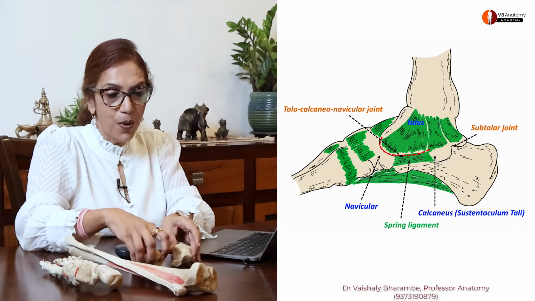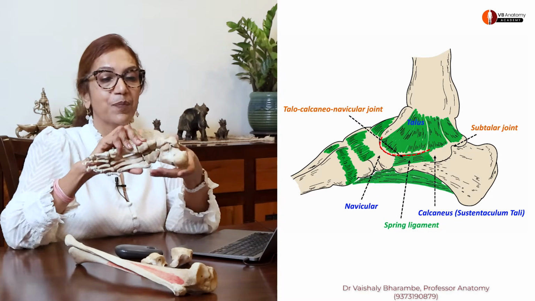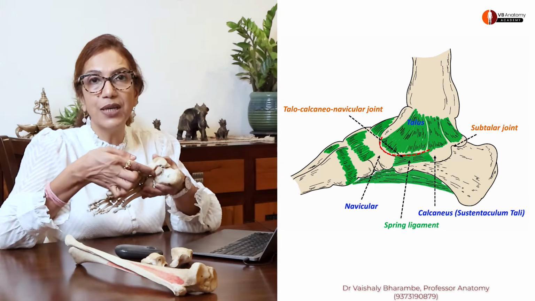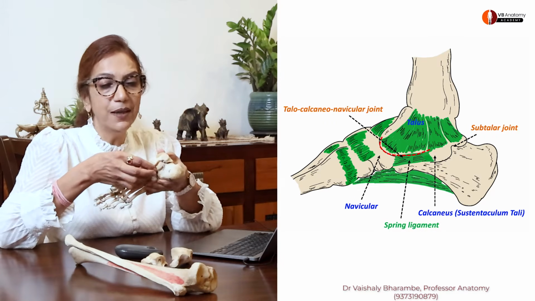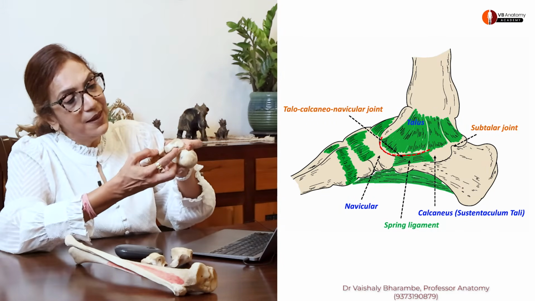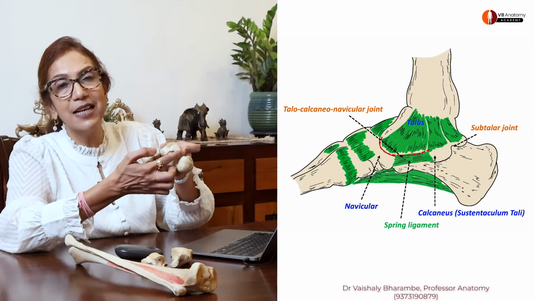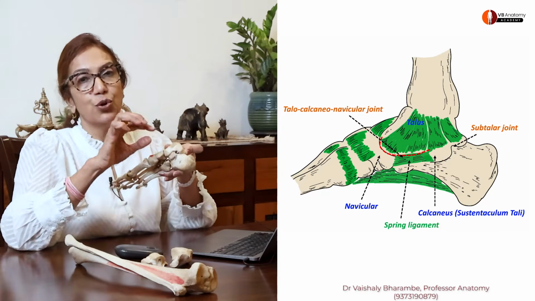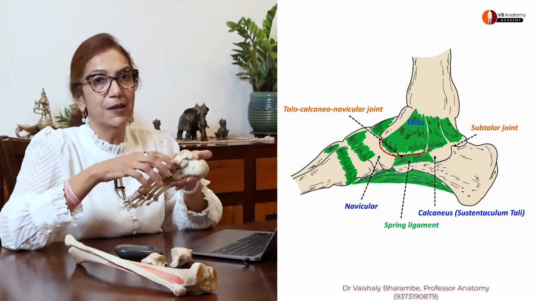Okay, so one last time on the articulated foot, please. Talocalcaneonavicular joint here. Talocalcaneonavicular joint formed here, and subtalar joint formed here posteriorly between the talus and the calcaneus. Two sets of separate joints separated by a groove called sinus tarsi.